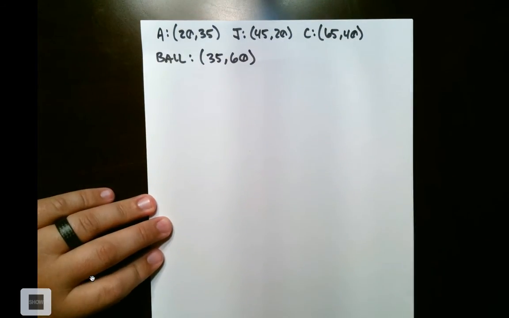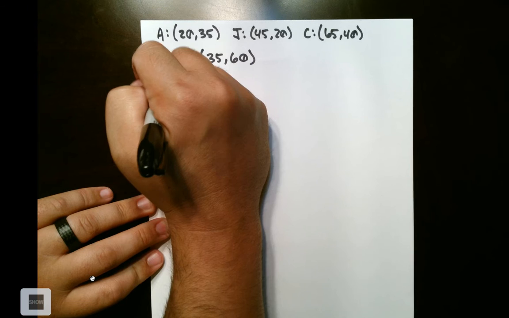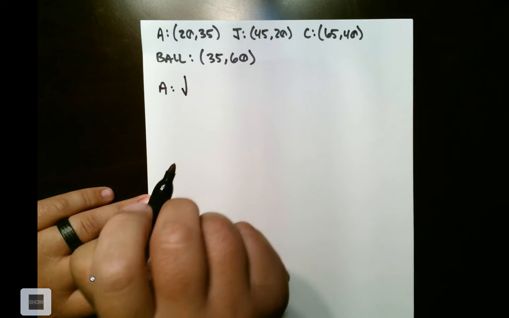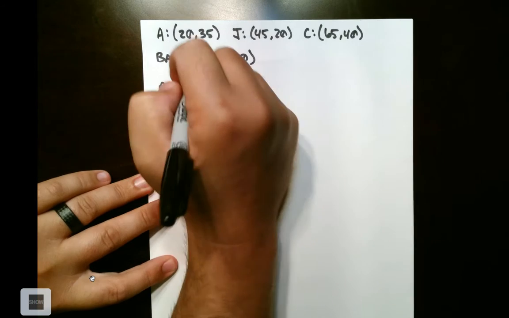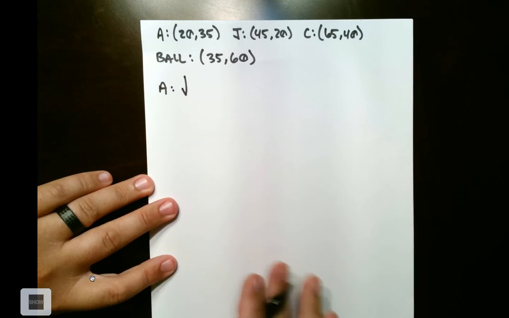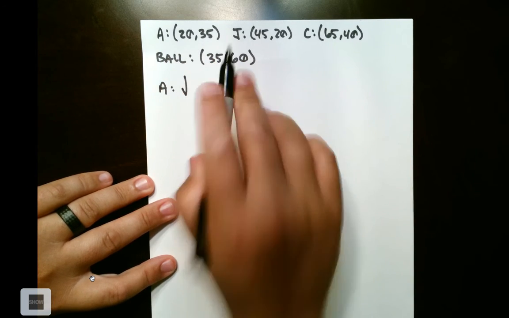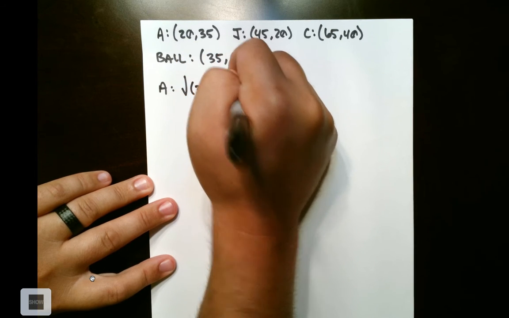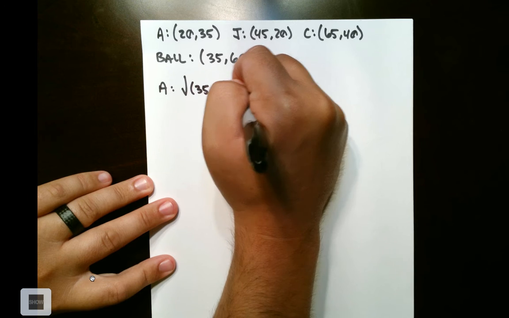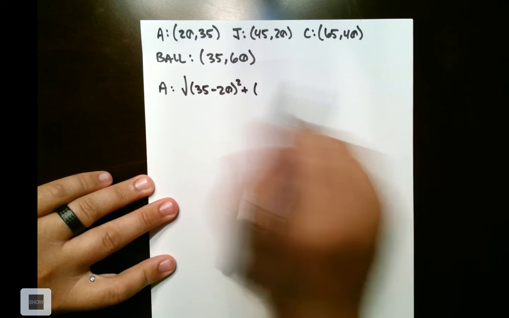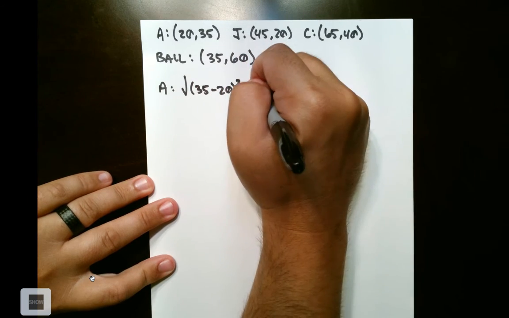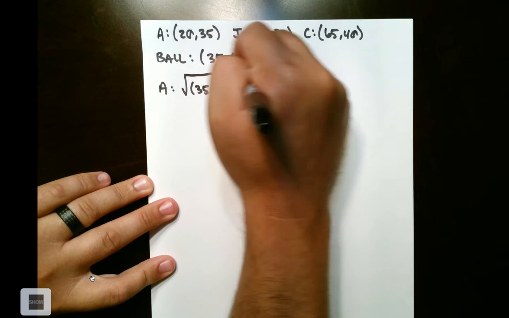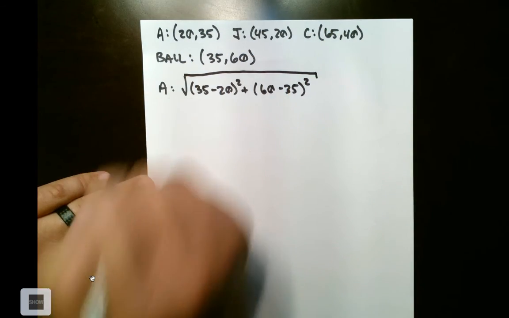So here's our information. So distance formula, Arthur. So Arthur to the ball. So we'll call the ball point 2. We'll call all of these point 1, and we'll call the ball point 2. 35 minus 20 squared plus 60 minus 35 squared. All right.